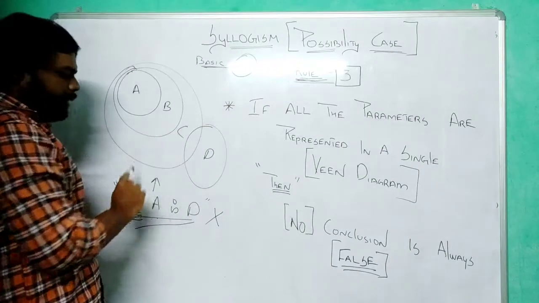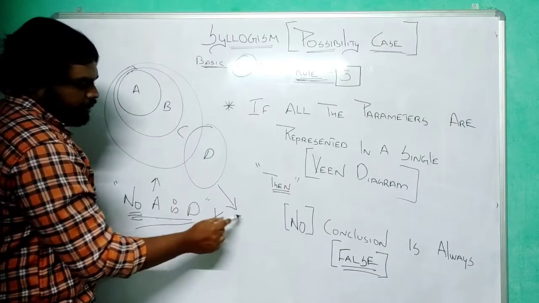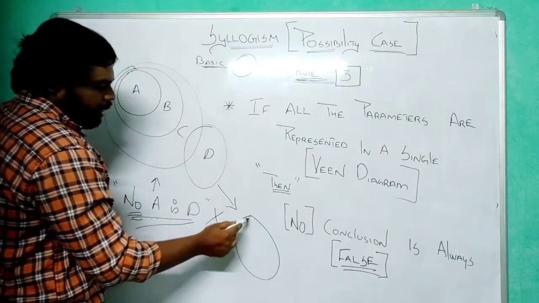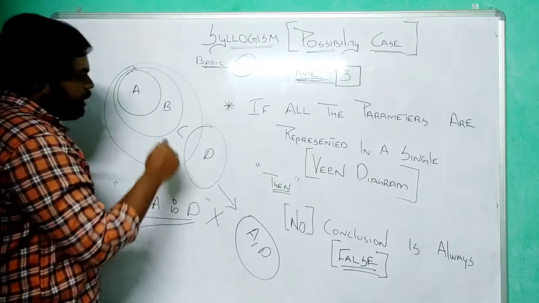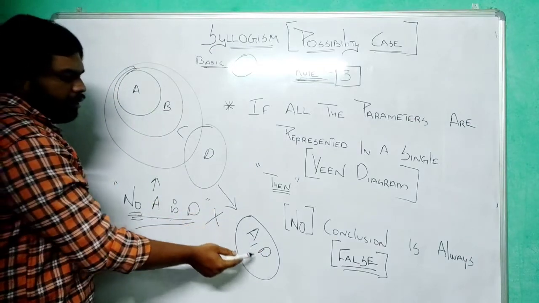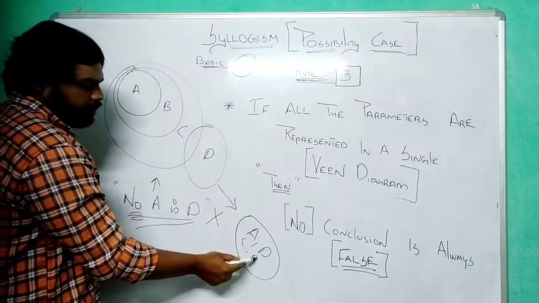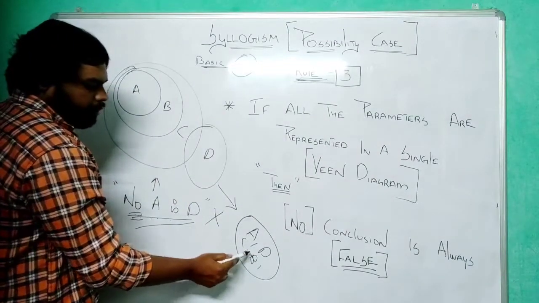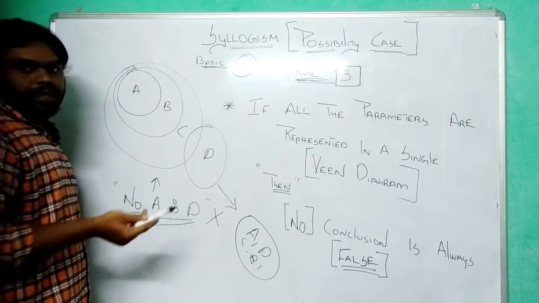But if I have to explain, I can connect it like this in possibilities, right? I can show that all A's are D's. I can also show that all A, B, C are in a single Venn diagram, right? This is a definite possibility. Can you understand?